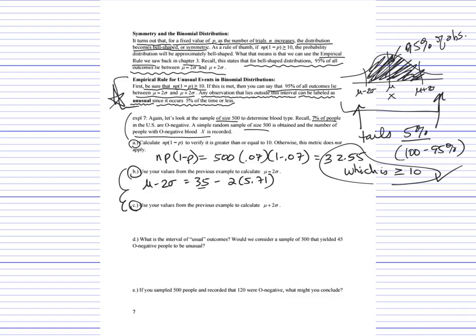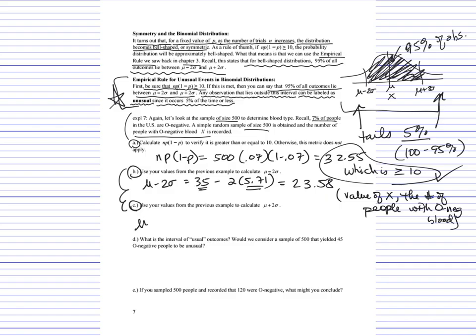And again, that's the mu and the sigma that we just calculated. That's going to be exactly 23.58. Again, remember that this is a value of X, the number of people with O negative blood.